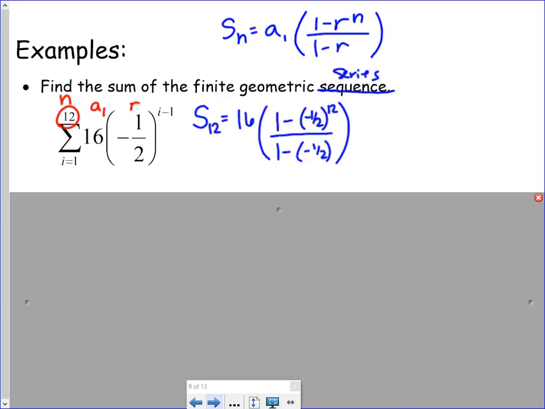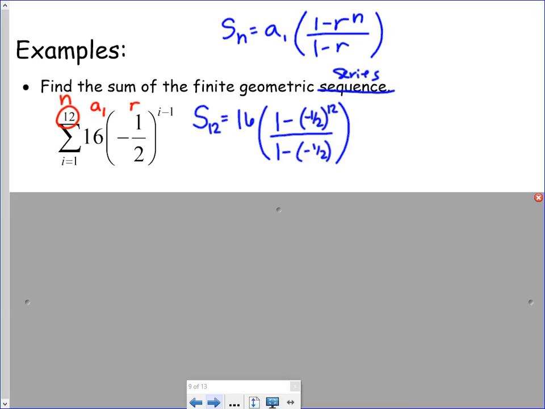Be really careful with this numerator, 1 minus negative 1/2 to the 12th. You're going to have to take the ratio raised to the exponent first, which in this case is going to make it a positive number, and then 1 minus that positive number is going to be a positive value.